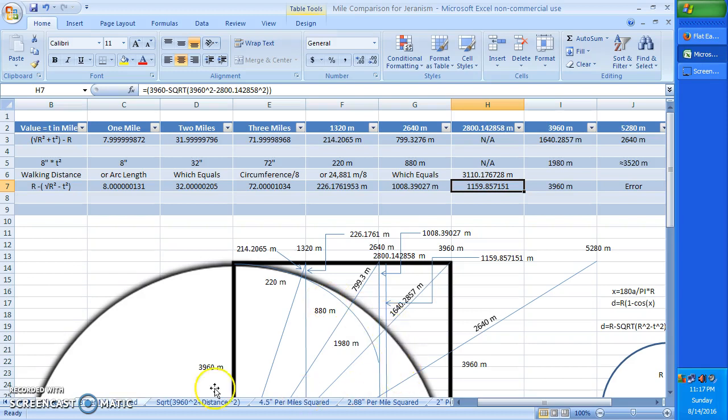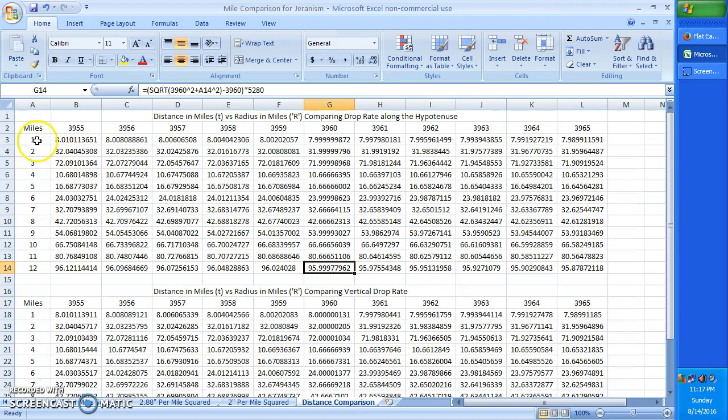And again, I did some distance comparisons. If we look at the distance in miles along the hypotenuse for various radii of circles, from 3,955 miles up to 3,965 miles, you can see that the difference is very slight even for all of those variant sizes of circle. But also, as you go out in distance, the difference is very slight over the short distance.